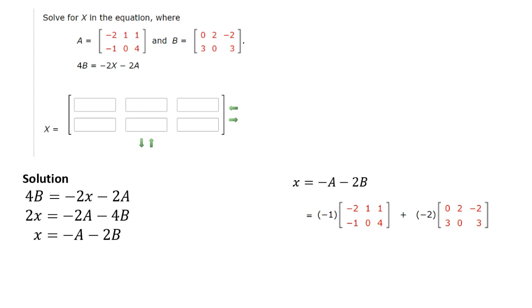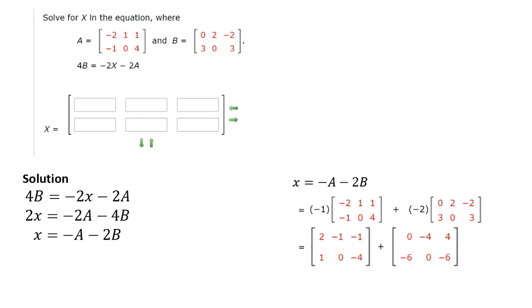Okay, we've done this process before. This means that I'm going to multiply -1 to matrix A, and multiply -2 to matrix B. When I do that, these are my values. Again, I can add these two matrices together because they have the same dimensions. This is a 2 by 3 with a 2 by 3.